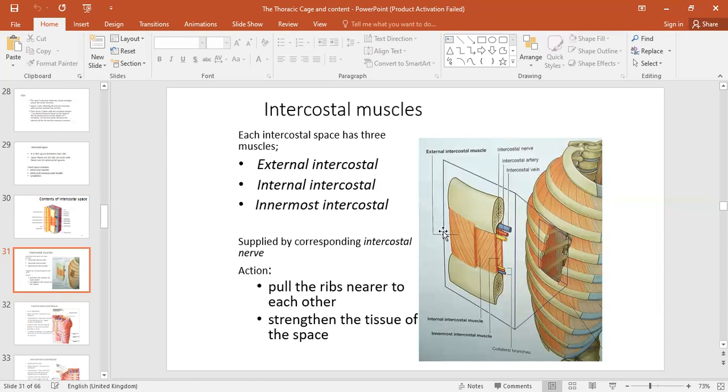Superior, inferior, posterior, anterior. So if this muscle contracts, it will pull the rib below towards the rib above.